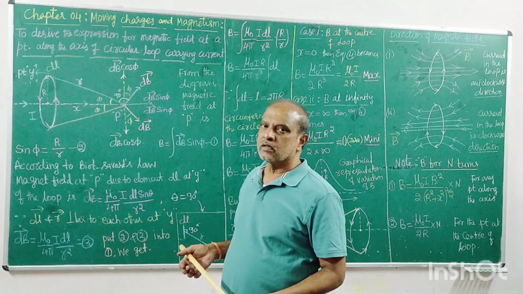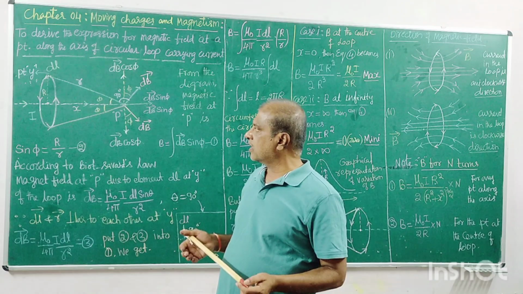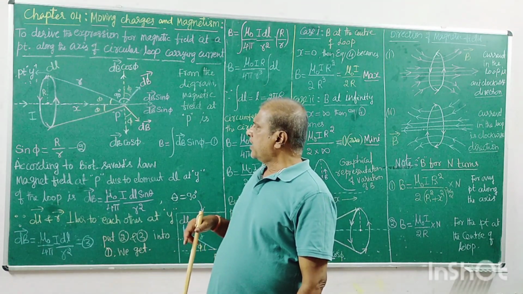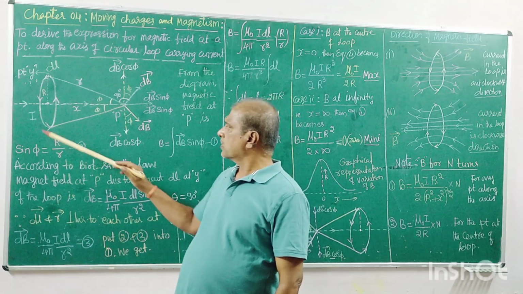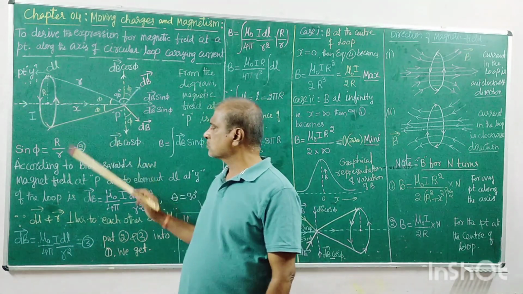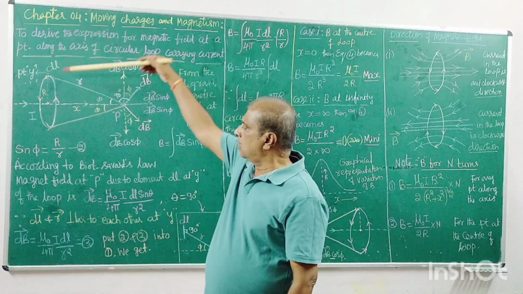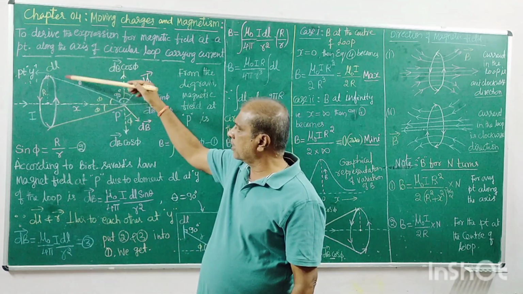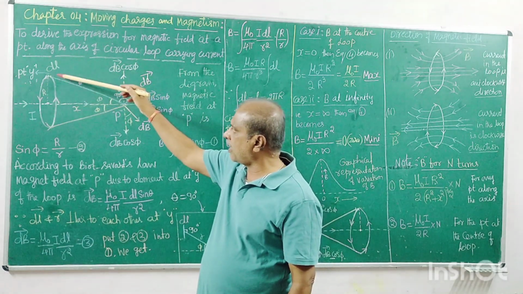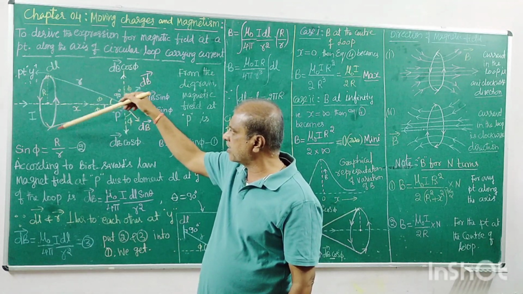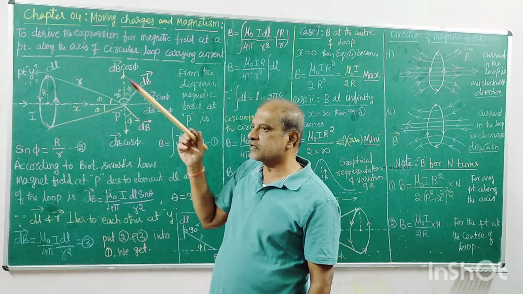Along that line, the magnetic line is always a straight line, and the direction of the magnetic field is from left to right. If the current in the conductor is flowing in the anti-clockwise direction, look at that current direction in the loop, anti-clockwise direction.